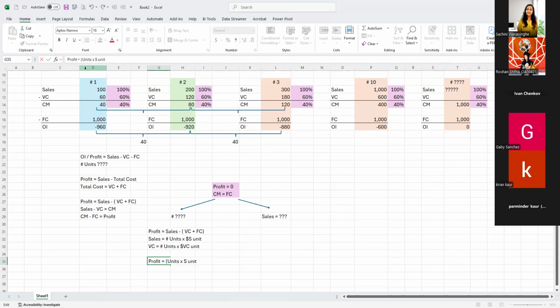That's not a bracket, that should be numbers. That should be like this: number of units, sales price per unit. And then I'm going to have minus variable cost, which is also number of units times variable cost per unit, minus fixed cost. That's how we're going to get the profit, correct?